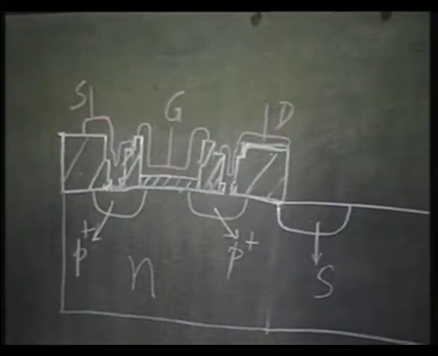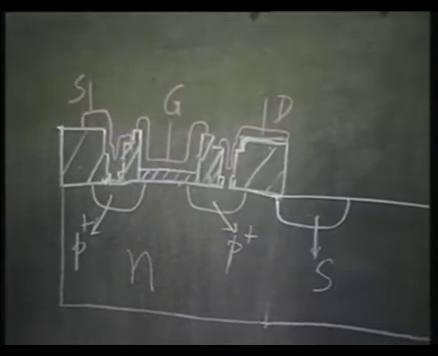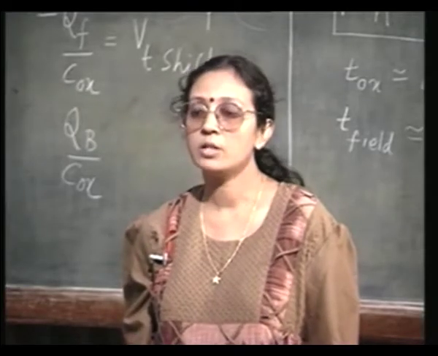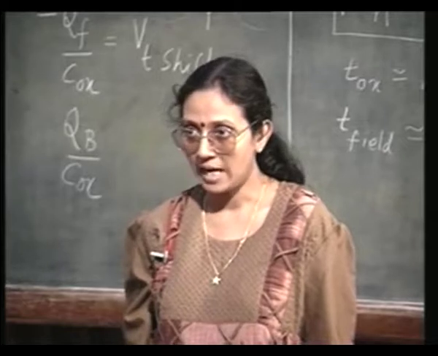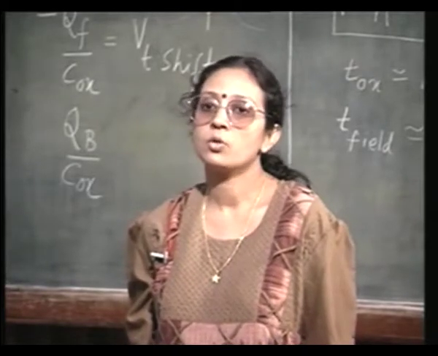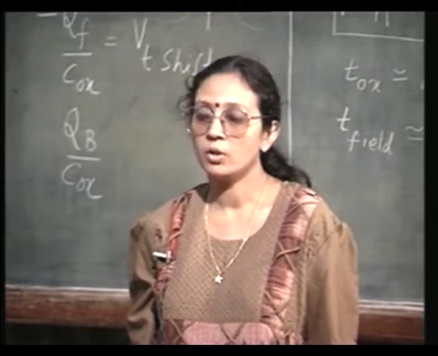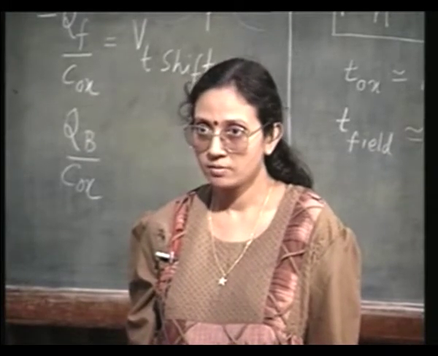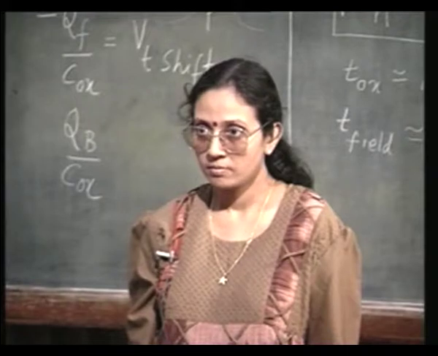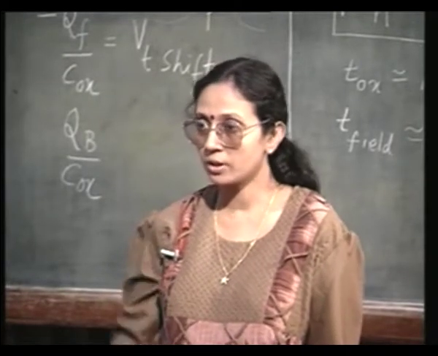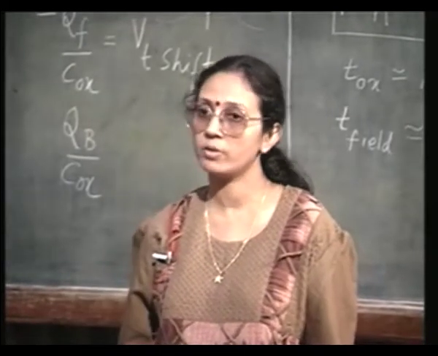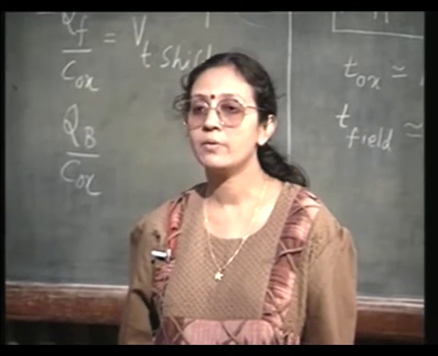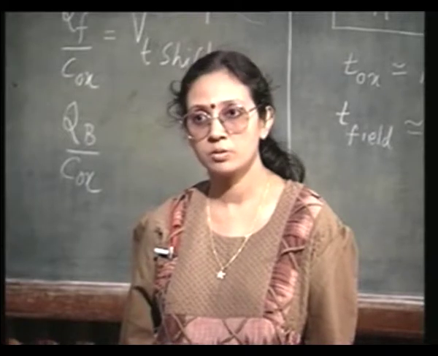That depends on your photolithographic limitations. Suppose your photolithography has a resolution of 1 micron. Then in order to ensure that the gate region overhangs the source and drain, the overhang must be 1 micron on each side, right, in order to ensure that the gate region is extending all the way from source to drain. I cannot go anywhere below the minimum resolution.